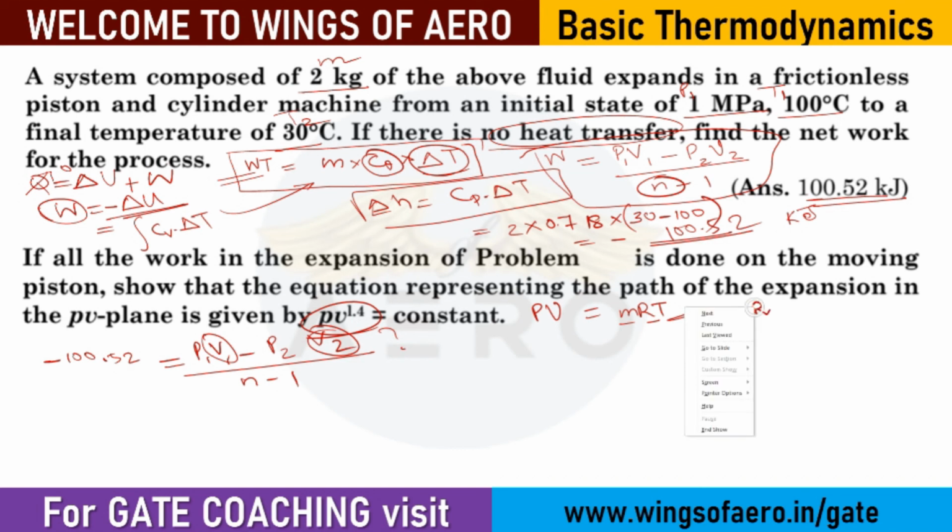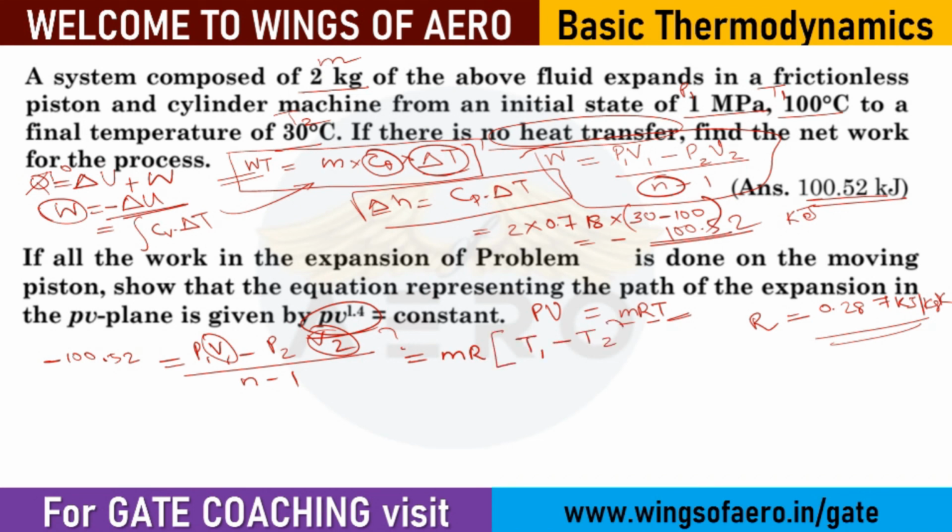Now what is R? R is 0.287 kilojoule per kg Kelvin. This is the value of R. As we have taken kilojoule, let's follow any one of the conventions. So I can write this equation as M R, that is constant, into T1 minus T2, by n minus 1.